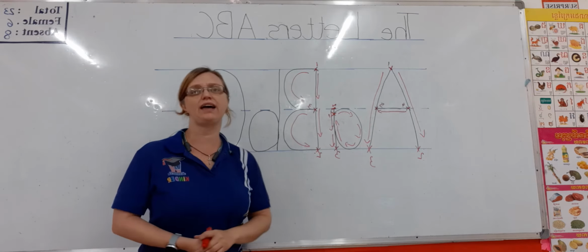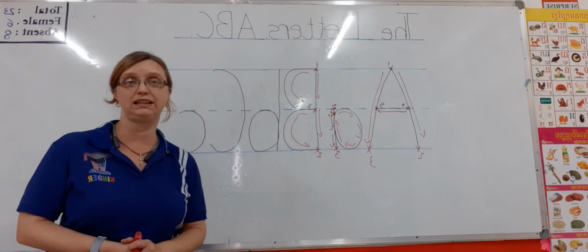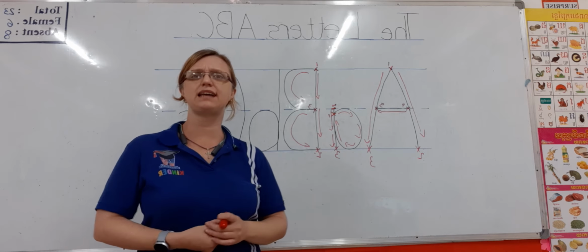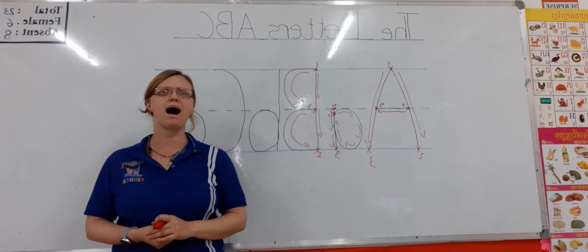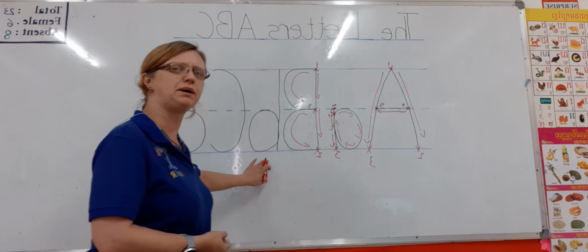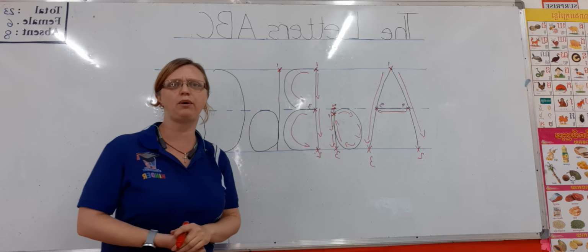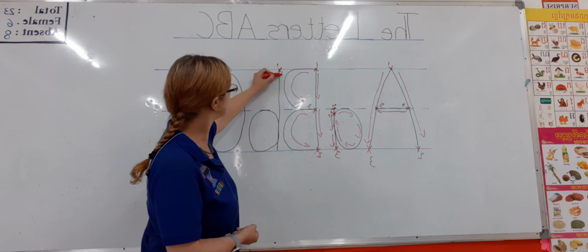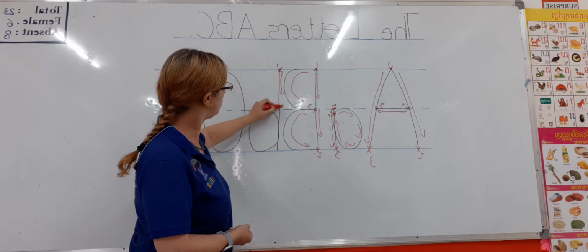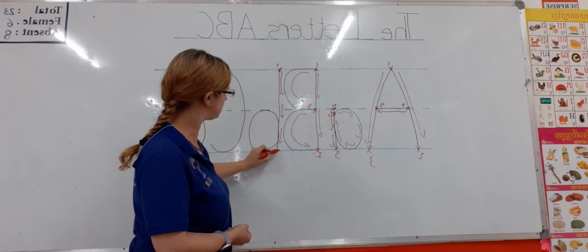Let's look at the lowercase b. Lowercase b makes the sound B. Starting at the top there, point number 1, you're going to make a straight line all the way down to the bottom.